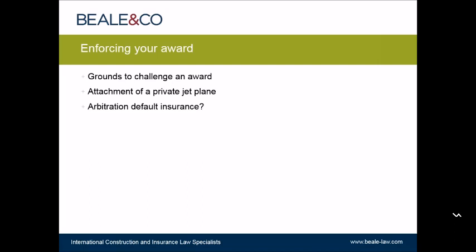The plane was attached as security by the German creditor on the plane landing. Now, I would have been severely disappointed if that were my plane. The plane was released after Thailand provided the creditor with a bank guarantee issued by a German bank as security covering the amount of the award plus costs.